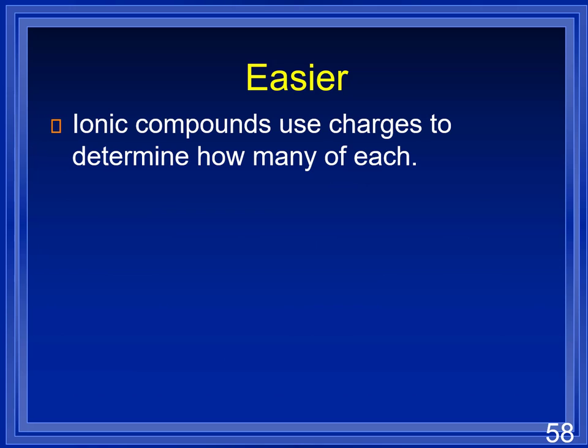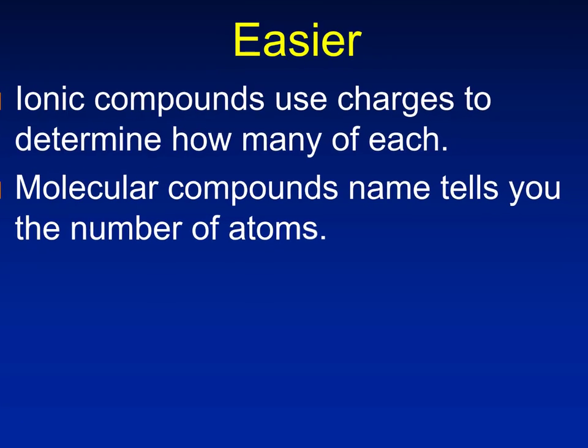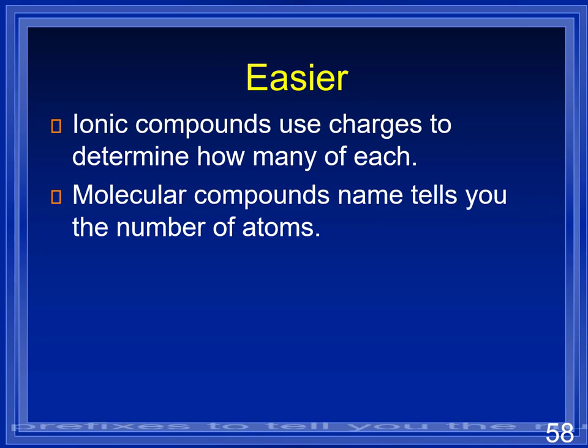Because we can't use charges, the name tells you how many. So the name will be 4 iodines, 9 oxygens. That'll be pretty easy to translate into a formula. And the only difficulty is they don't write 4 and 9. They use the prefixes that mean 4 and 9.